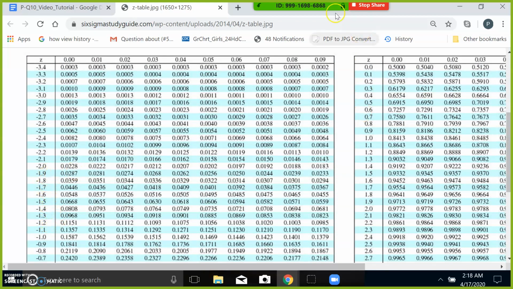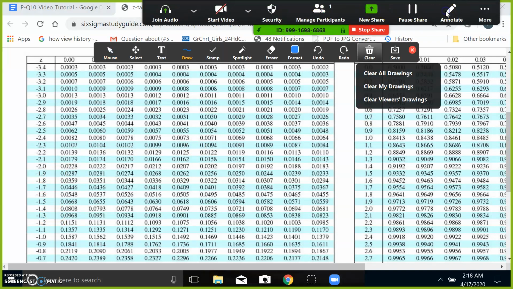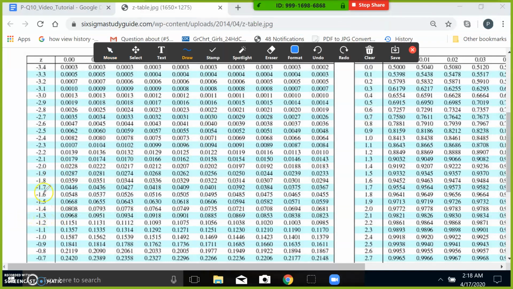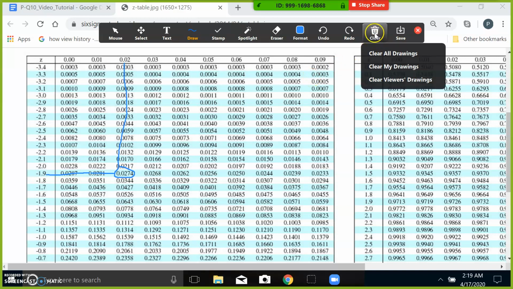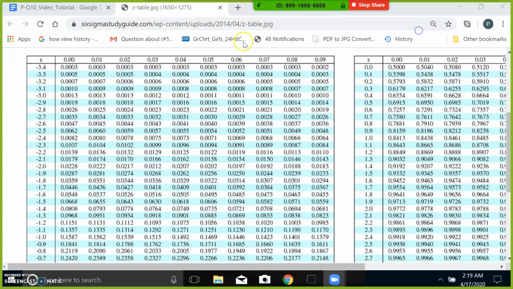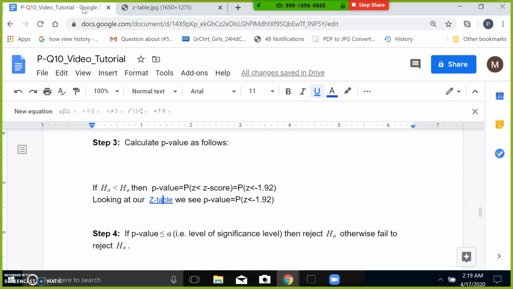And across to 2 here. So it's this guy here, 0.0274. Okay, so let's clear this. So that was 0.0274.